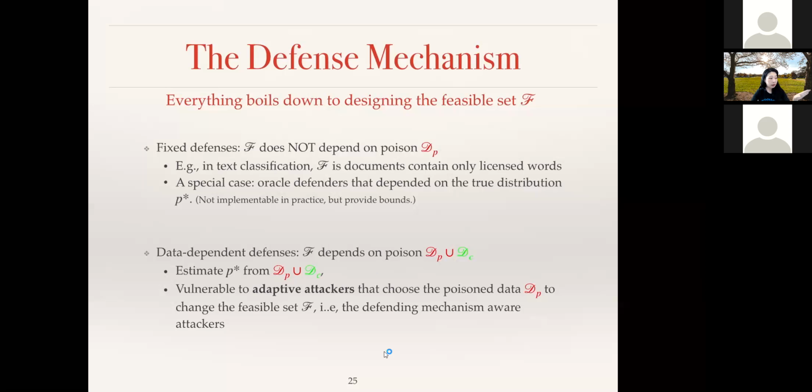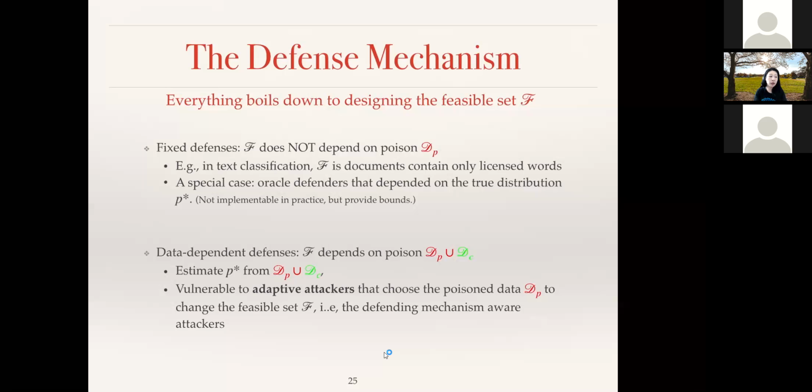Now I want to talk about the data-dependent defense, which intuitively seems to be a more powerful one. F depends on the poison DP and union DC. But I cannot distinguish DP from DC. If I can, I might as well just remove the DP, right?